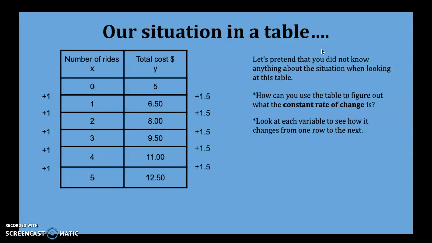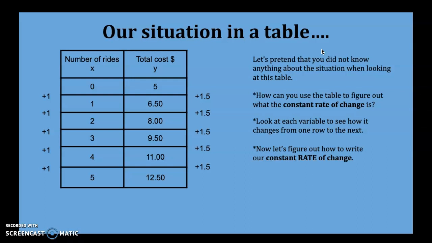That 1.5. Okay. And when we want to write that answer, I put rate in all caps because rate, if you think back to unit rate or 6th grade, is a comparison. And that's what we're doing. We're comparing cost and the number of rides that somebody went on, right? That's what our table has there. So how would we represent that?